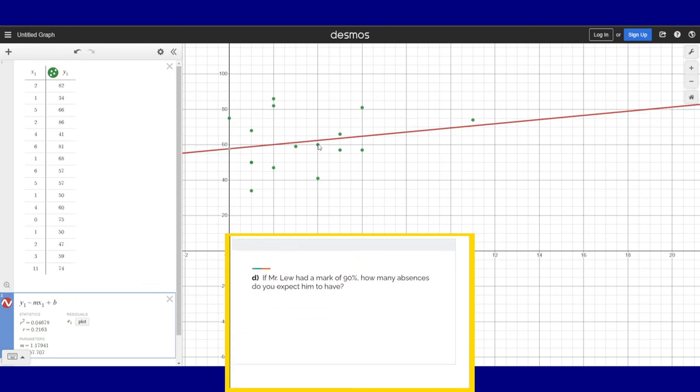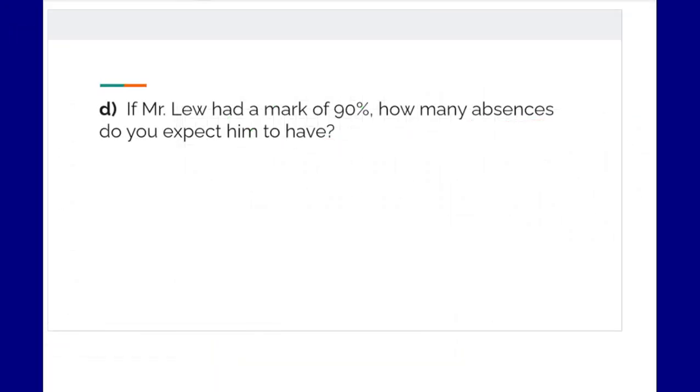D, so if I had a mark of 90%, how many absences would you expect me to have? Oops, we'll bring it back. So in this case, it's slightly different because this is telling us a mark of 90. So in our equation, y equals 1.18x plus 57.7. This is now telling me the y value, and I need to solve for x.